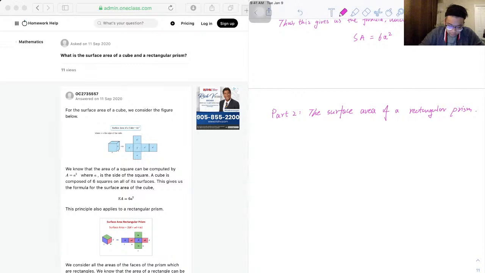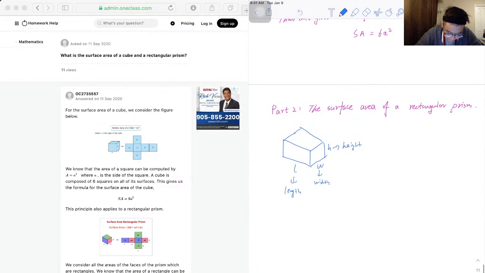So still, let's first draw a diagram of it. So this is something like this, which has length, width, and height.